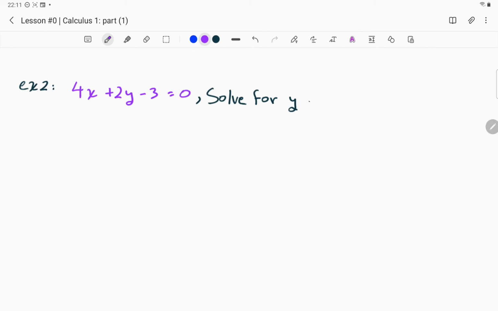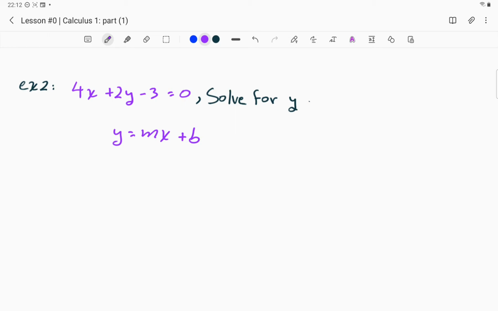What they're basically telling us is to get the slope intercept form, because slope intercept is y equals mx plus b. When they say solve for y, that means y equals something. And obviously there are two different unknown variables, which are x and y, right?